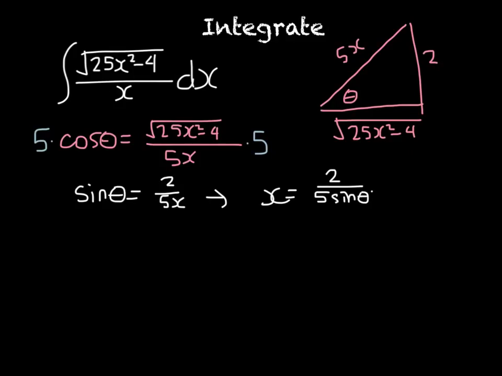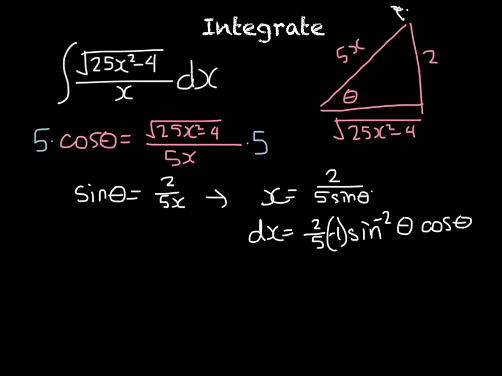Now taking the derivative, we get dx equals 2/5 times sine to the negative 1 theta, times negative 1 by the power rule, and then the derivative of sine is cosine theta. Now let's plug in what we have to our integral.